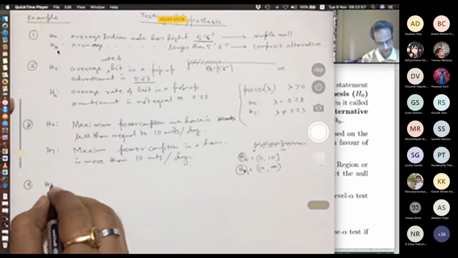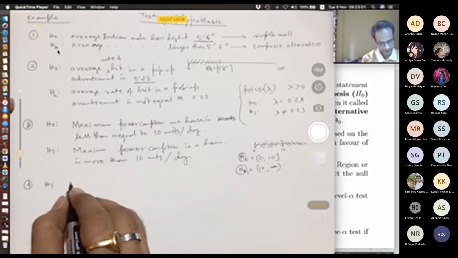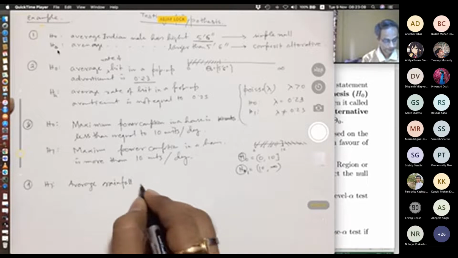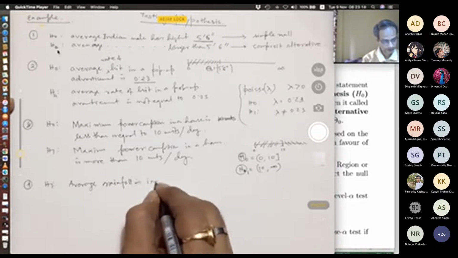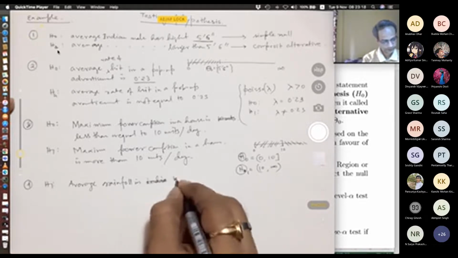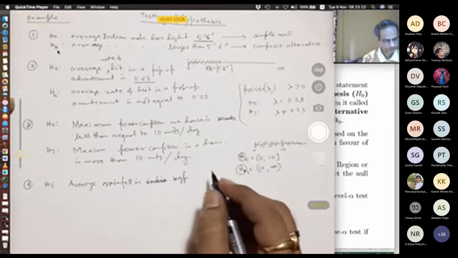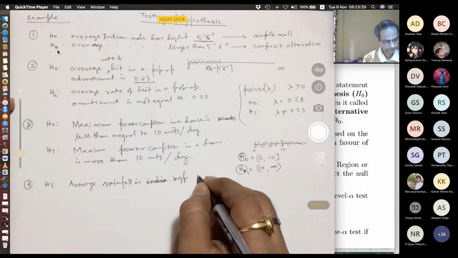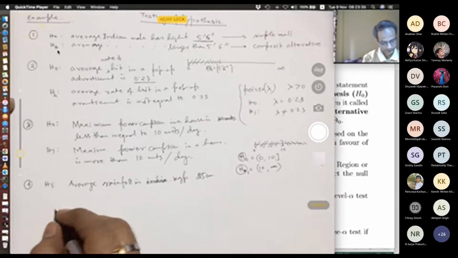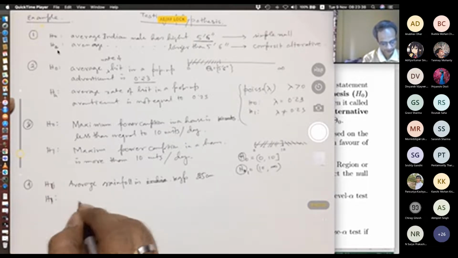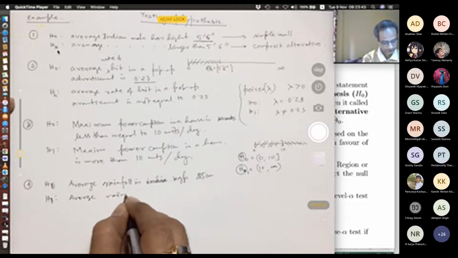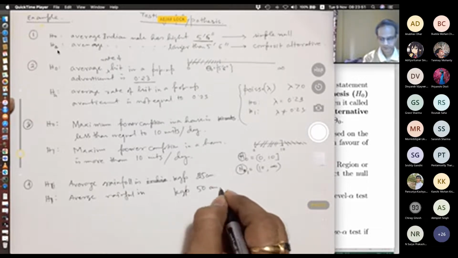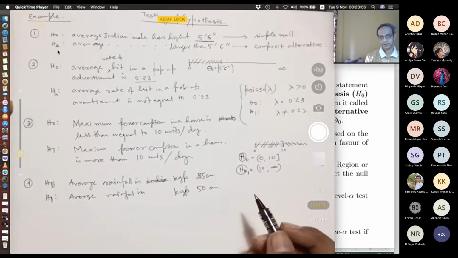So H naught is the average rainfall in India, or maybe let us say KGP, how much is going on, whatever, maybe say 35 centimeter, and H1 is saying average rainfall in KGP is something else. So both of them are singleton. So simple null, simple alternative.